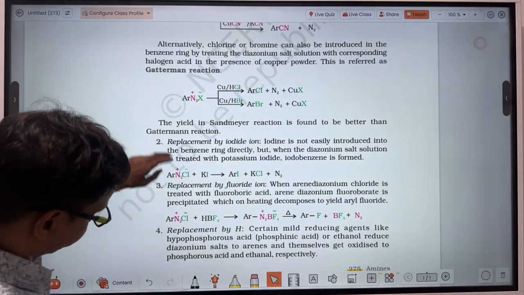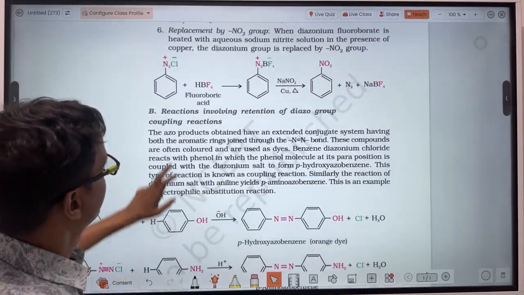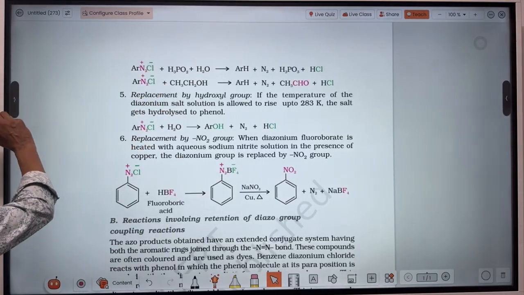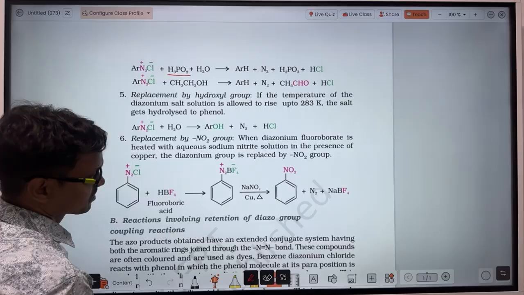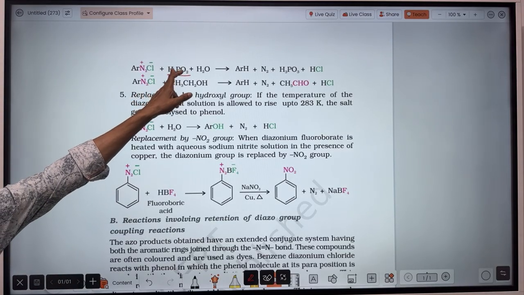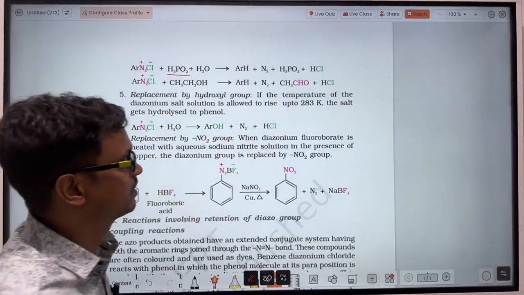Just watch out for the next reaction. H3PO2 is hypophosphorus acid. What happens? It gets oxidized, becoming phosphorus acid, H3PO3.